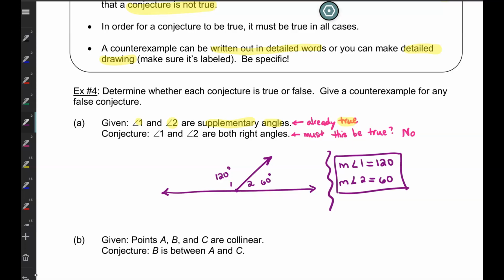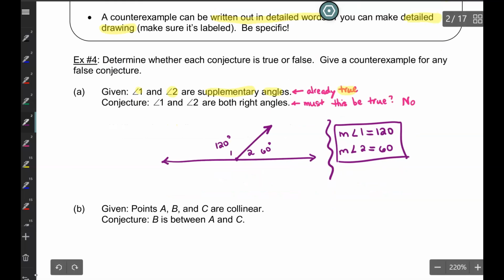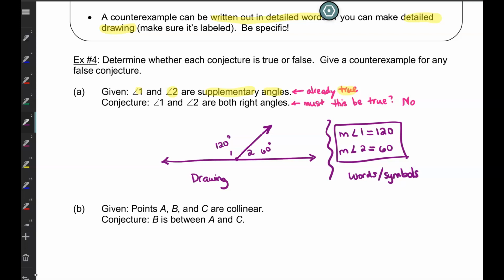Yeah, they add up to 180. And can we clearly see that these are not right angles? Sure, they're not 90 degrees. So this is an example of a drawing. This is how we would write it out in words or symbols. And both are correct. You don't have to do both things. I'm just telling you that you can write it out either way.